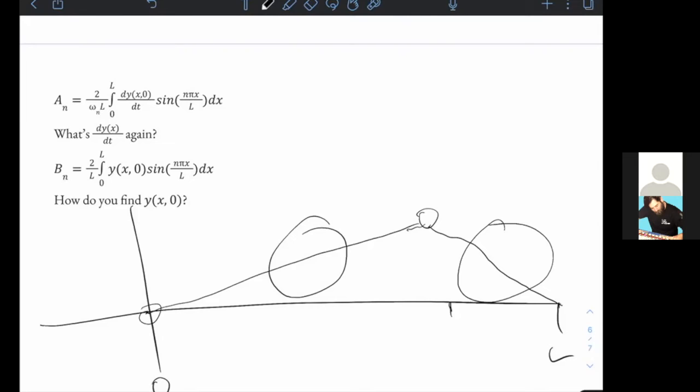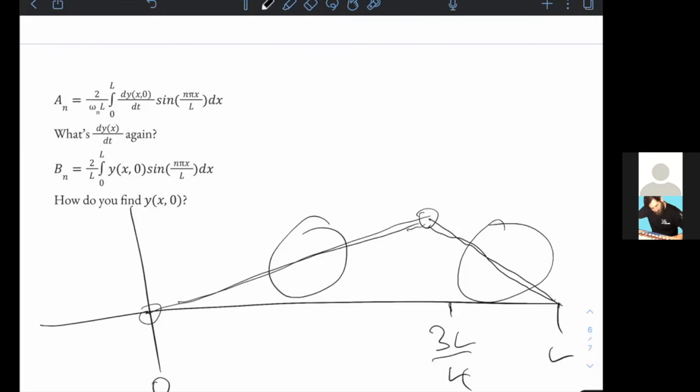And once we've sorted that out, we just have two lines, and it's a piecewise equation. This is 3L over 4 here. So the equation for this line here is going to run from 0 to 3L over 4, and the equation for this line here is going to run from 3L over 4 to L. All right, so we've figured out what our y of x comma 0 is.